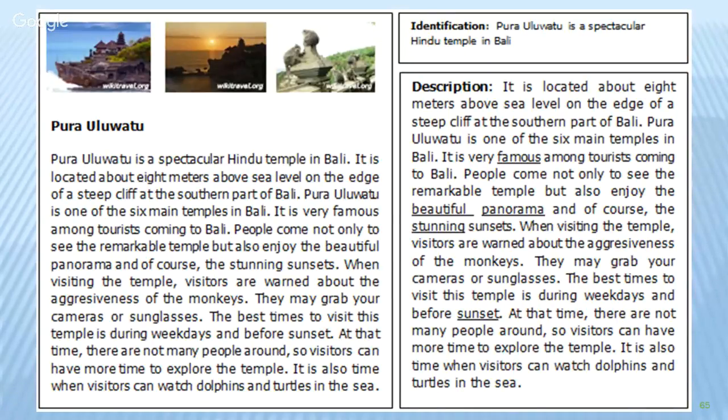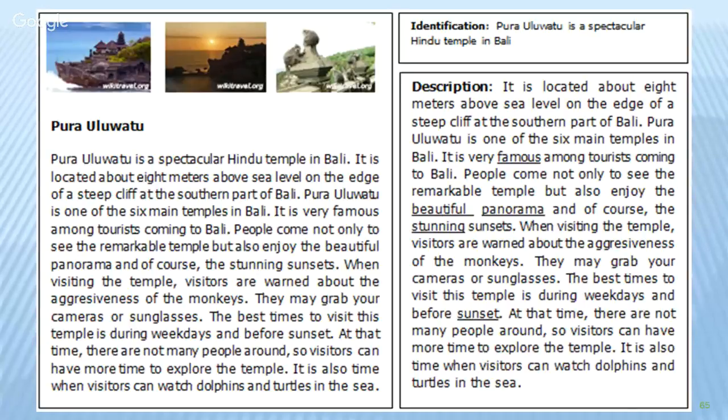It is located about 8 meters above sea level on the edge of a steep cliff at the southern part of Bali. Pura Uluwatu is one of the 6 main temples in Bali. It is very famous among tourists coming to Bali. People come not only to see the remarkable temple, but also enjoy the beautiful panorama and, of course, the stunning sunsets.